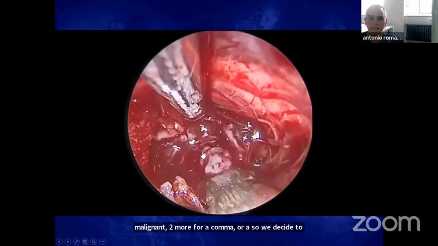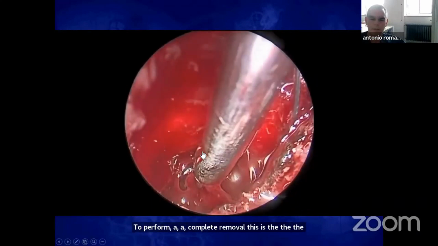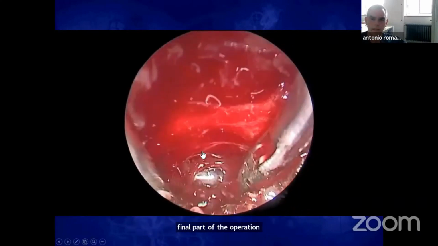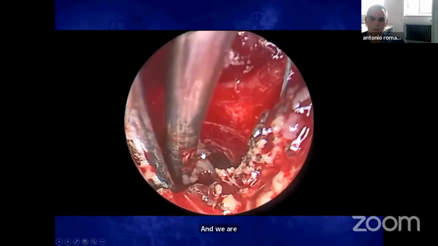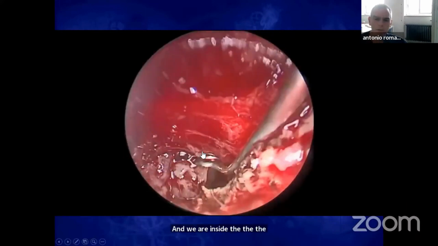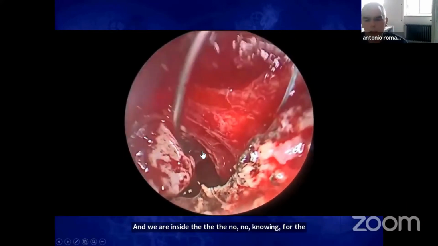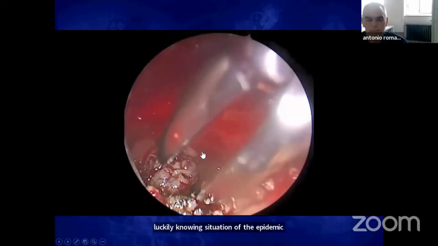This is the final part of the operation. We are inside the third ventricle now. Luckily, no infiltration of the ependymal wall. This is the last part.